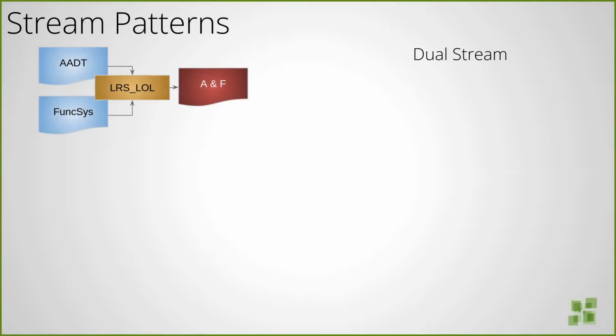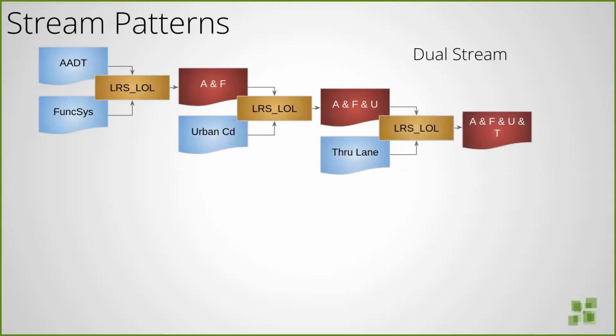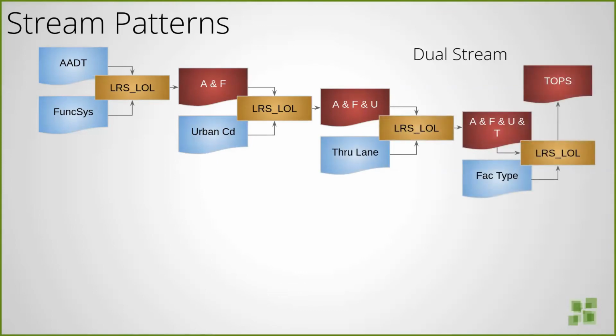You use the LRS line on line and create A and F combined. Then you do another one to use urban code to have the A and F in urban code. Then you do another one, then another one. Finally, you get to the tops, because tops is a combination of 5 key attributes, key events, if you will.